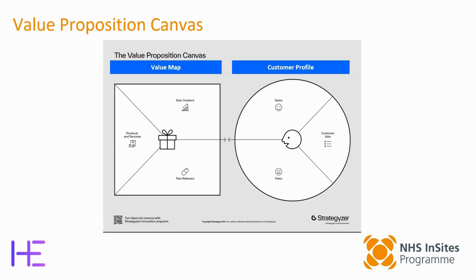This explains how the innovation creates value by relieving pains of the customers and creating those gains and outcomes for the customers. And the aim really is to reach a fit between the two different halves, a situation where what the innovation offers clearly addresses the jobs, pains, and gains of its intended customers.